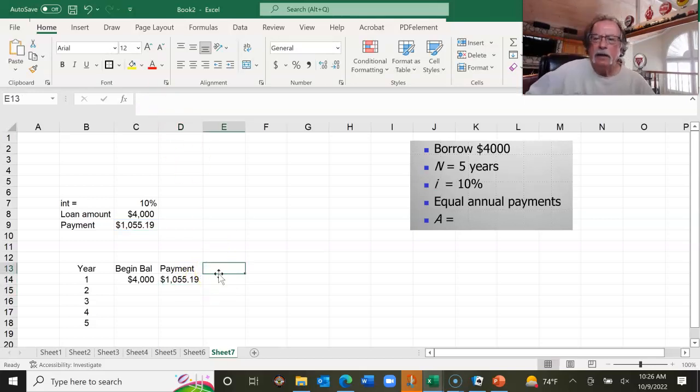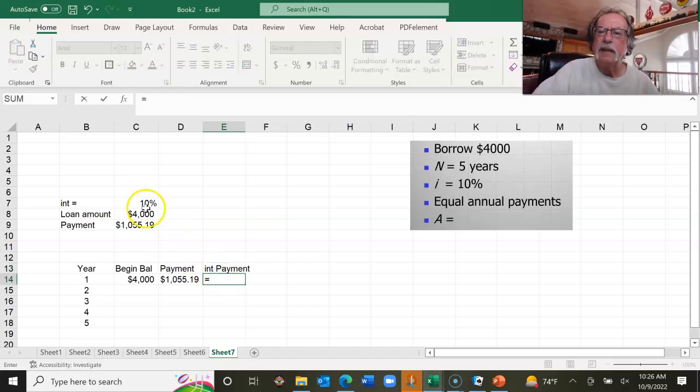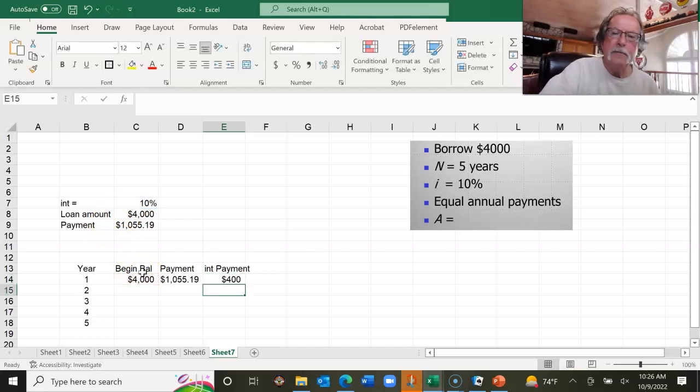And so our interest payment is going to be 10% times the balance at the beginning of the period. So our interest payment is going to be $400.